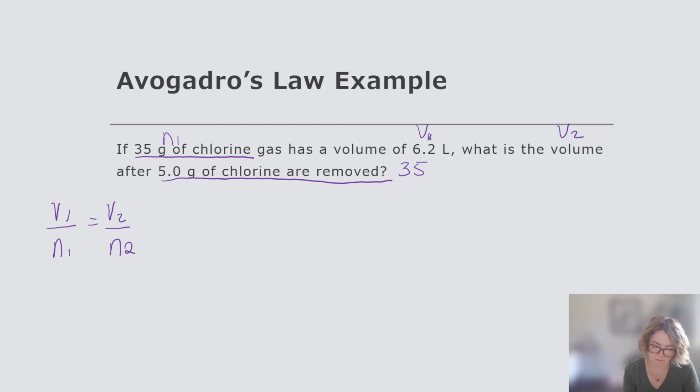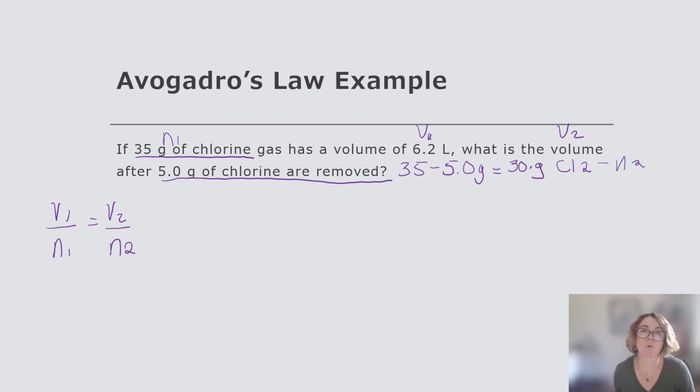This will be 35 minus 5, which gives me 30 grams of chlorine that's left in the container. Now be very careful. Chlorine is a Brinkelhoff, so chlorine is Cl2. And so this information is going to give me my second moles of chlorine gas.